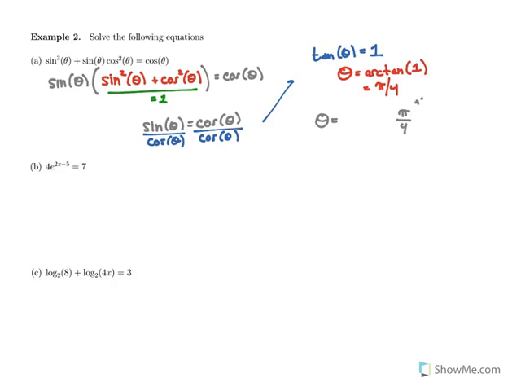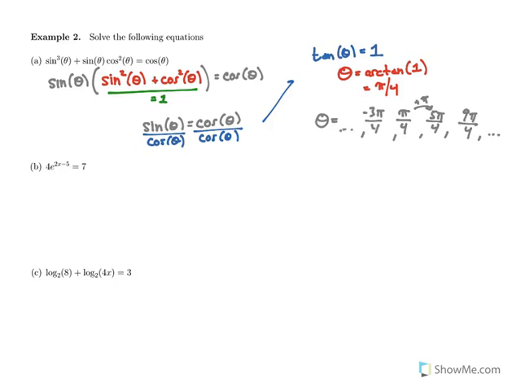We're going to add pi to that. That'll give us 5 pi over 4. Add pi to that, we get 9 pi over 4, on and on and on. In the opposite direction, I'm going to have negative 3 pi over 4 and everything past that.